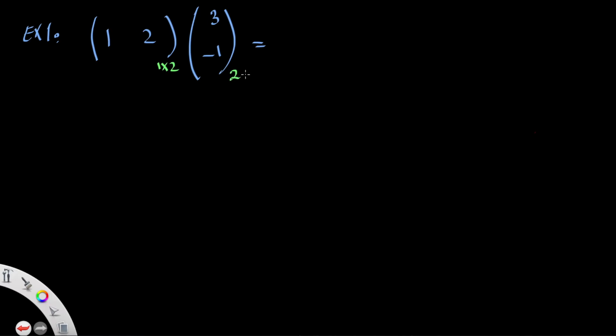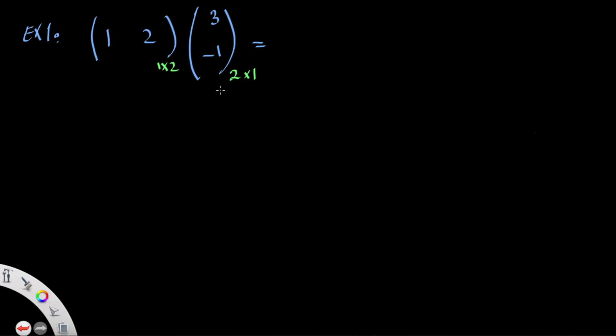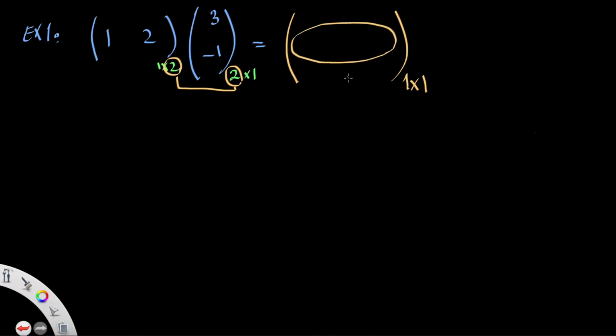And the second one has the order of 2 by 1, because there are 2 rows and 1 column. So as these two numbers are the same, you will have a matrix of order 1 by 1. A 1 by 1 matrix means a matrix which has just one single element, one row, one column.